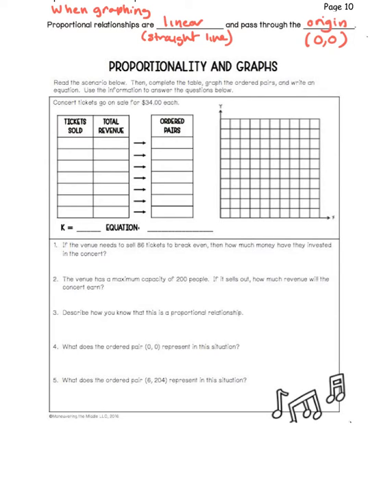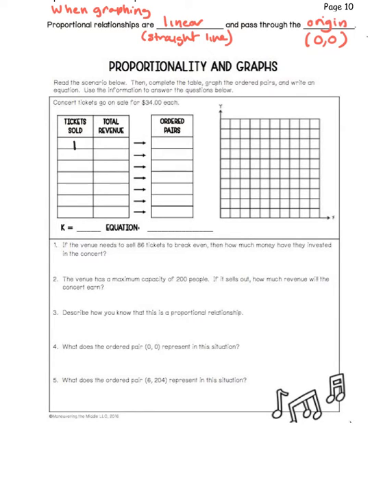They're going to give us a situation which says concert tickets go on sale for $34 each. So when we hear that word each, that implies for each one. So even though they didn't say the word one, we're talking about one ticket. And so the number of tickets sold would be 1.